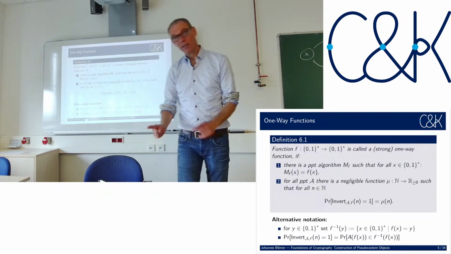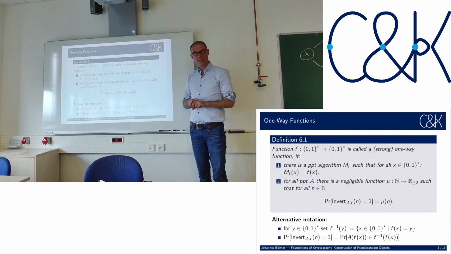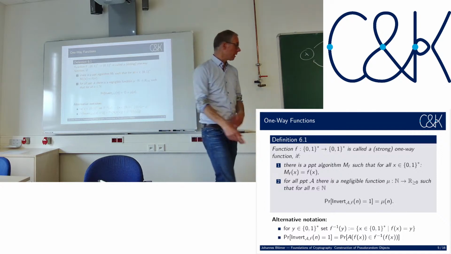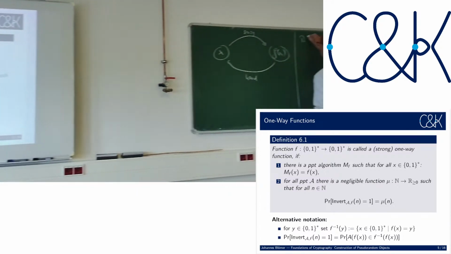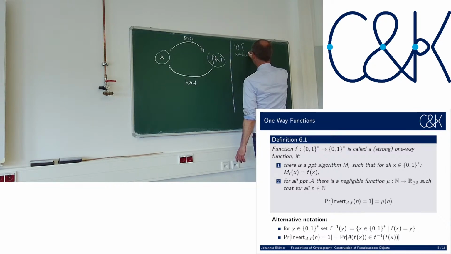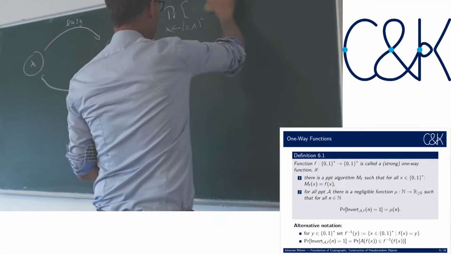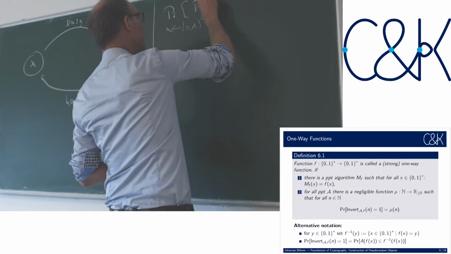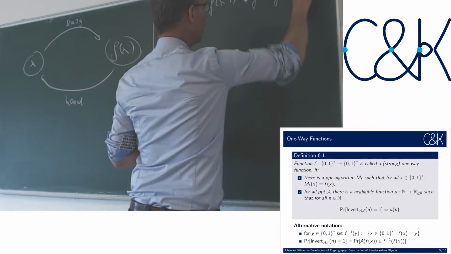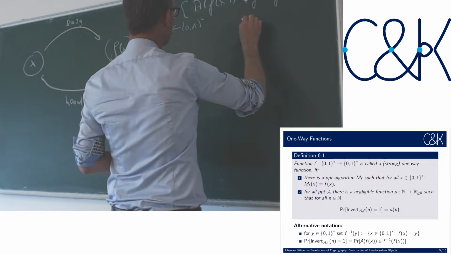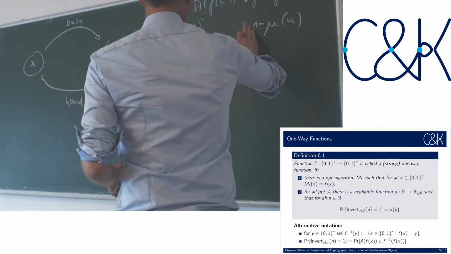This is not the opposite of this. The strong one-way function means that the probability over the x from {0,1}^n, let me write it with the other notation, that A of f of x is not in f^-1 of f of x is larger than 1 minus mu of n, or it's 1 minus mu of n.